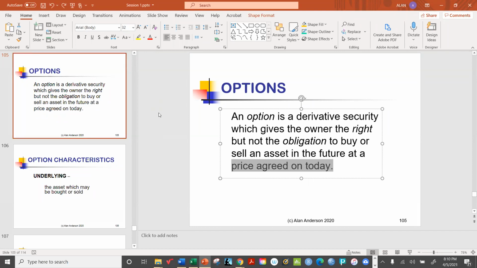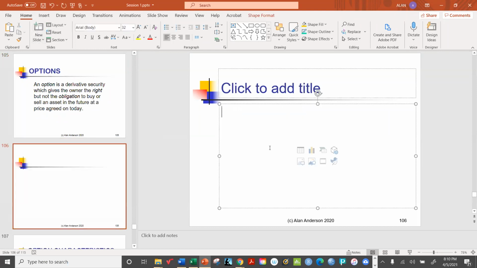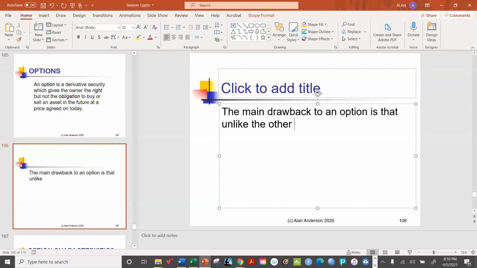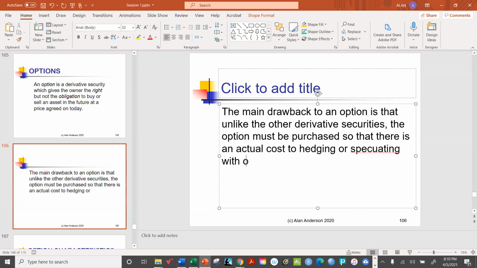The drawback to an option, actually, let me throw this in here. The main drawback to an option is that unlike the other derivative securities, the option must be purchased. So there is an actual cost to hedging or speculating with options.